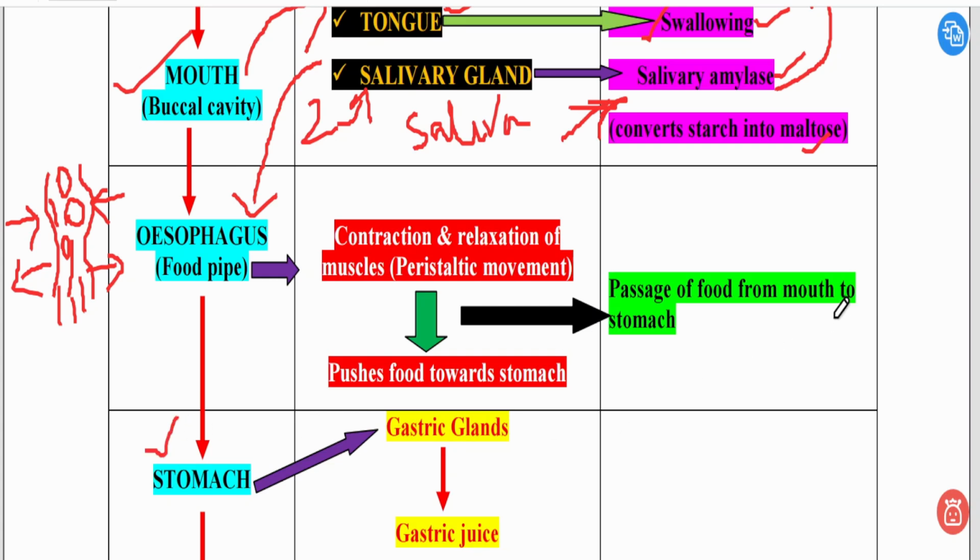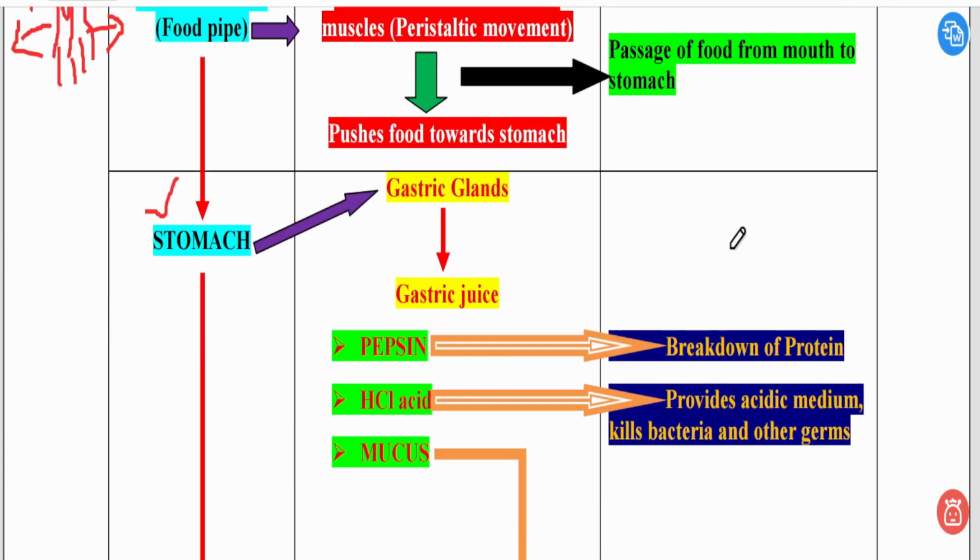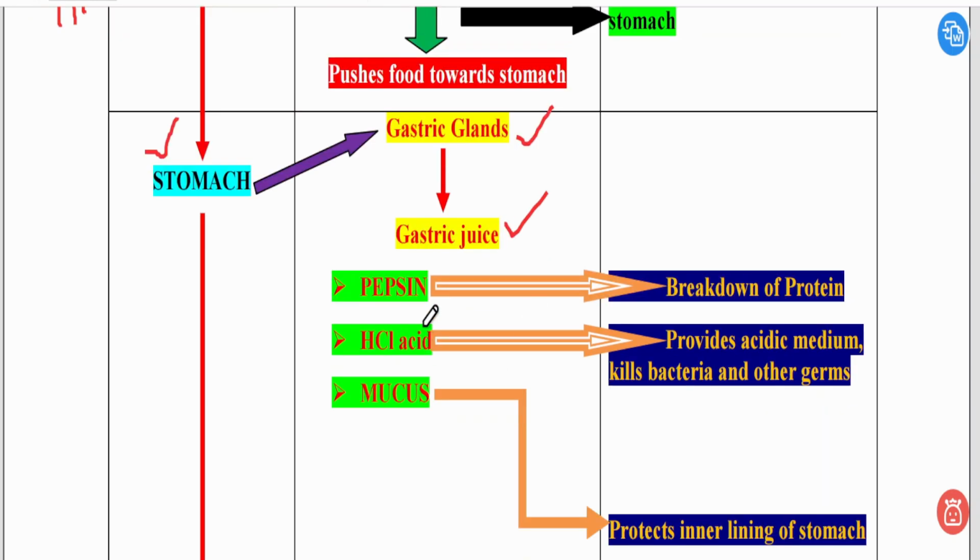Next is the stomach. Now see, in the stomach there are gastric glands, and those gastric glands will secrete gastric juice, and that gastric juice consists of pepsin, hydrochloric acid, and mucus.